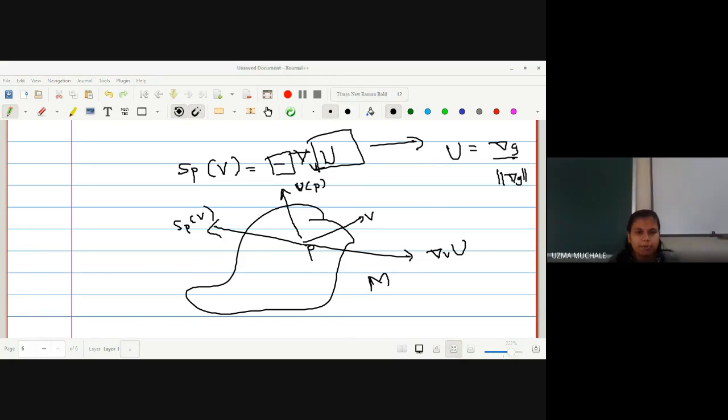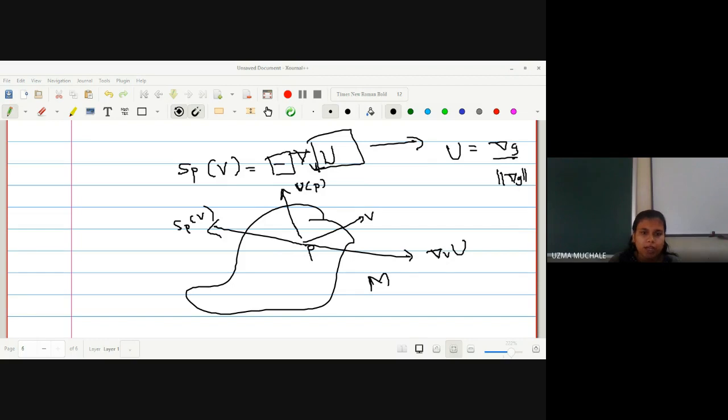Del_v U represents the rate of change of U in the direction of v. U is the unit normal vector field, and in the direction of v, because at every point you can have one tangent vector, it will give you the shape operator. Because at every point you have a normal, the shape of your surface will change due to a direction vector.